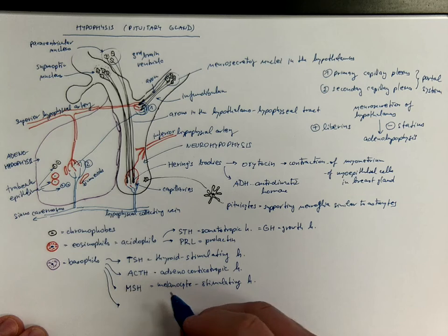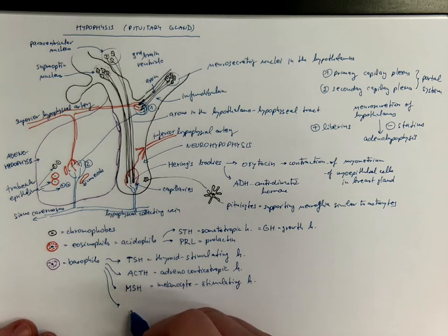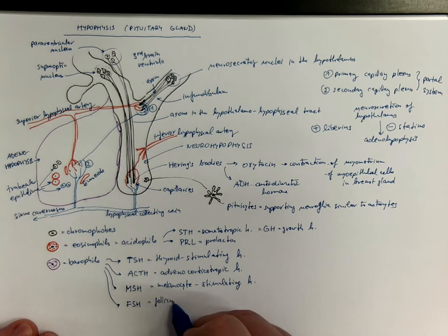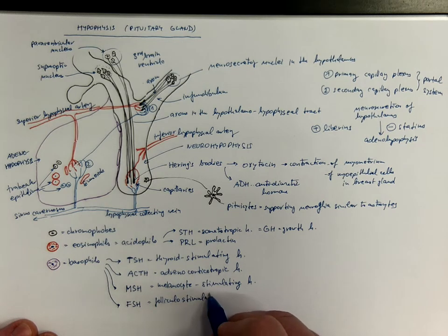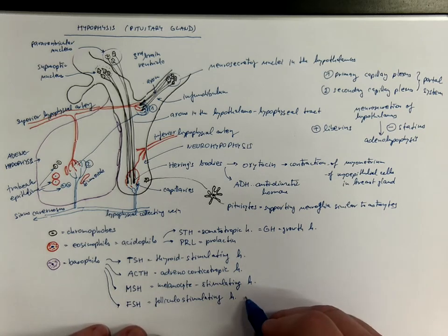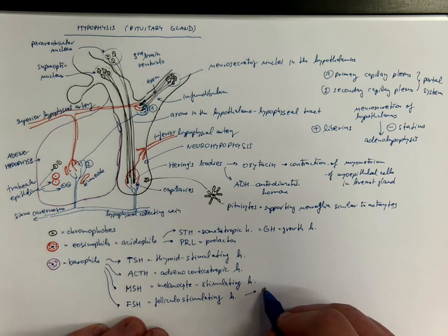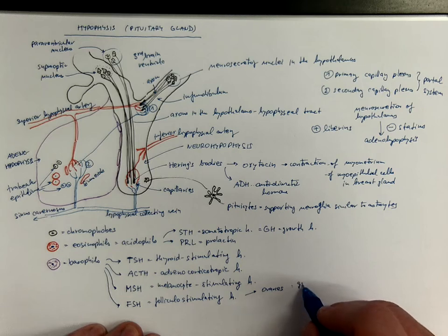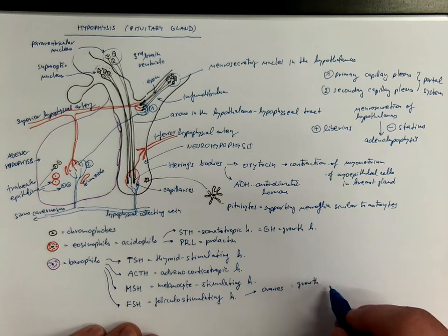And then we have two hormones that affect the gonads: the follicle stimulating hormone. Well, in ovaries, it does what the name says, so it supports the growth and maturation of ovarian follicles.